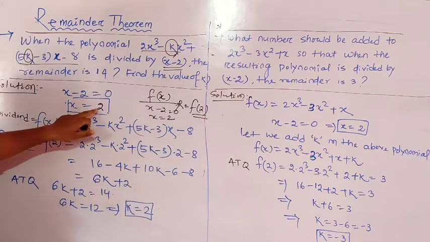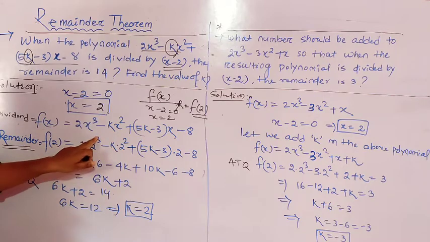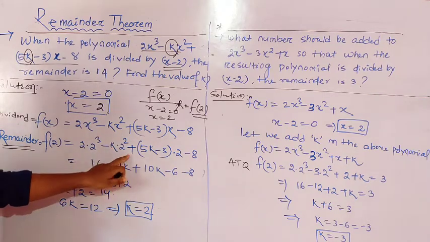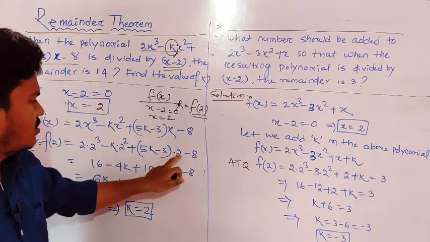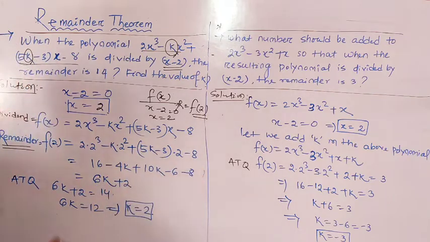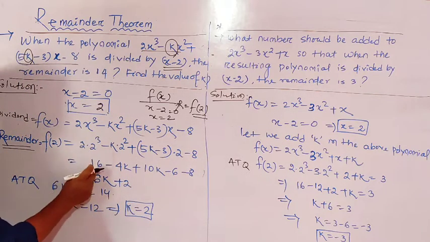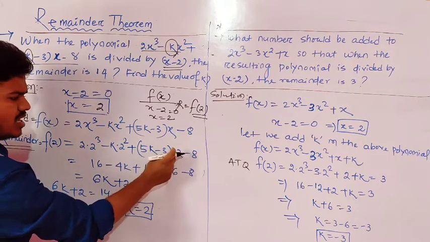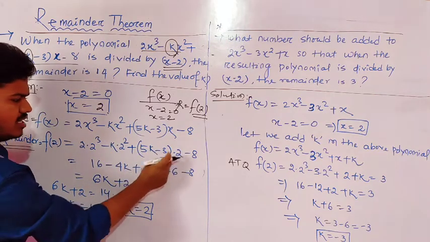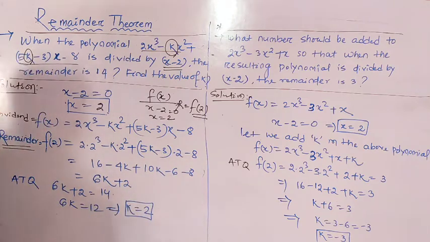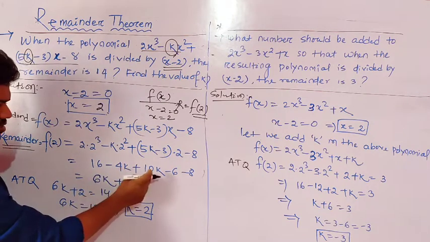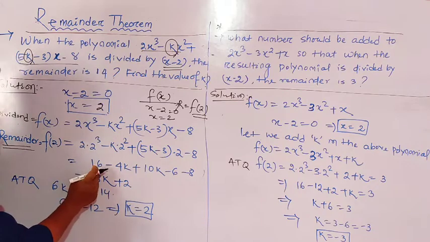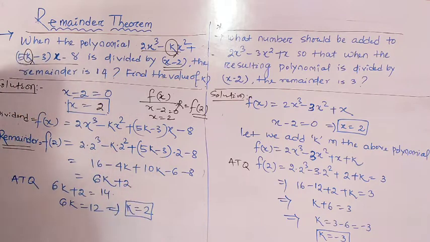So we put x equals 2 here: 2 into 2 cube minus k into 2 square plus (5k minus 3) into 2 minus 8. Now 2 into 2 cube is 16. Minus 4k. Then 5k minus 3 into 2 is 10k minus 6, minus 8. Now minus 4k plus 10k is 6k, and 16 minus 6 minus 8 gives plus 2.